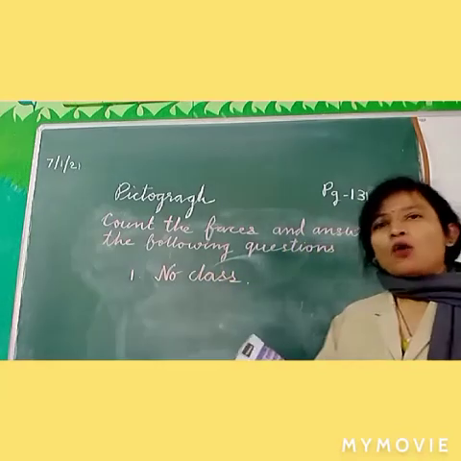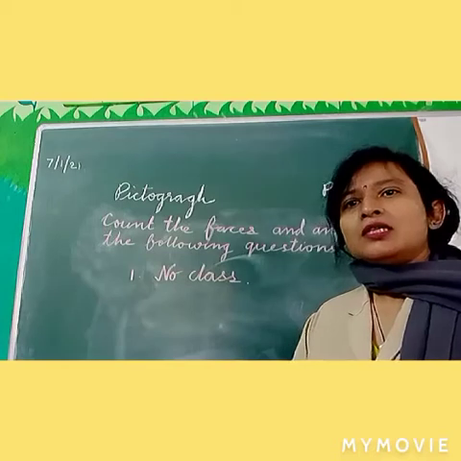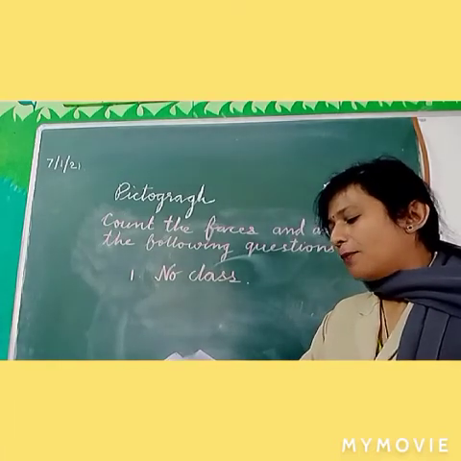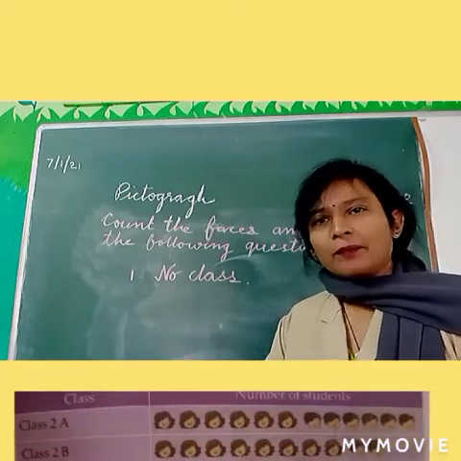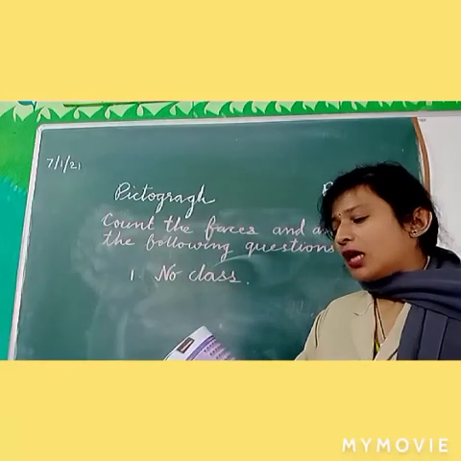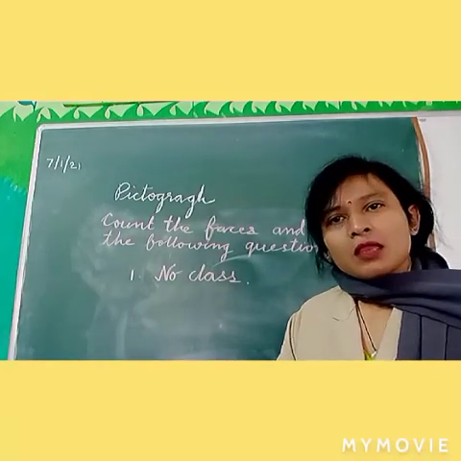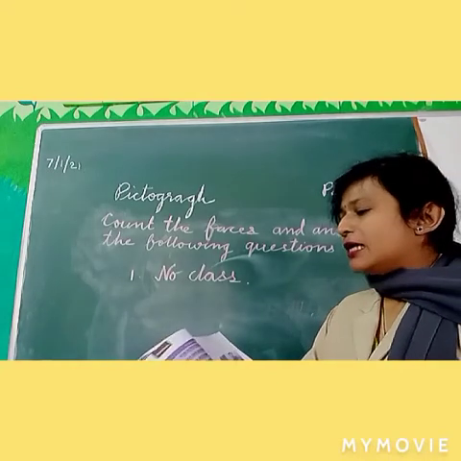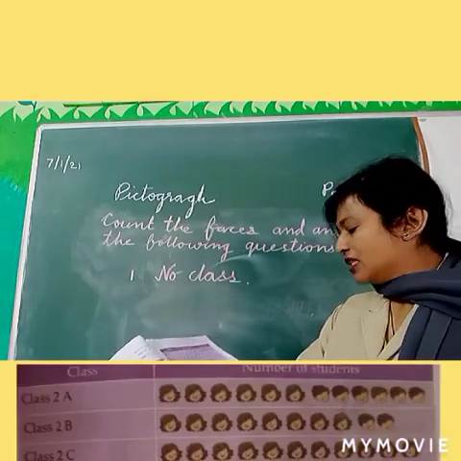Now come to the second question. Second question is, from which class are the maximum number of students participating? In this, you have to count the heads given in different classes, and then you will find that in second A, maximum students are there.